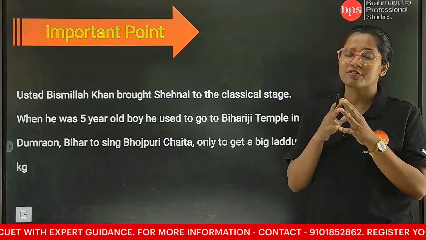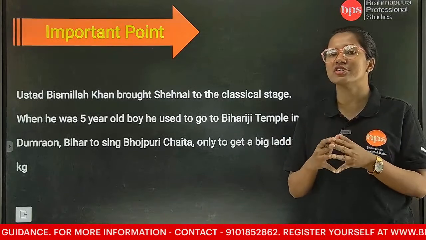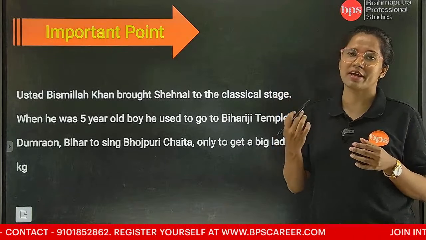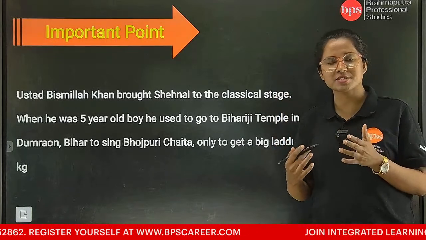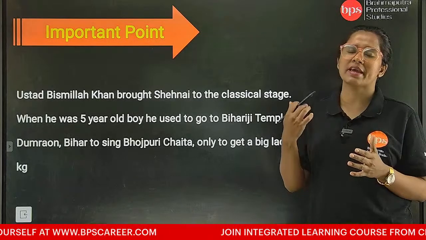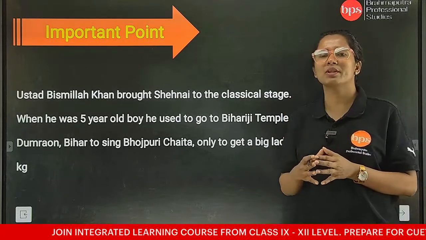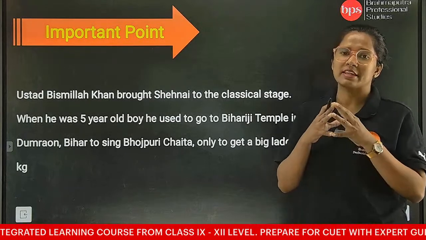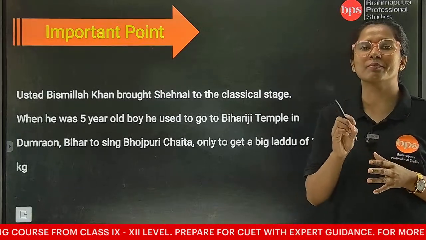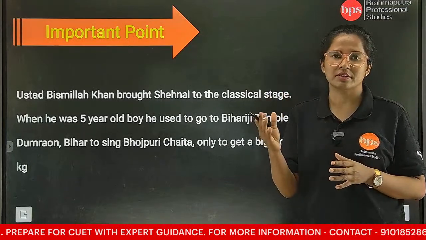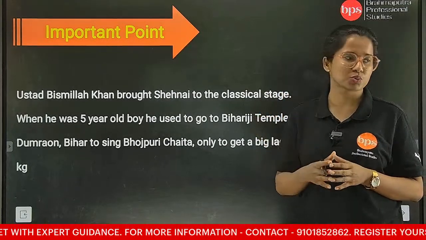From the age of 5, you can imagine how a child has just made up his mind that he will play shehnai, because his ancestors had played, and because he has the determination that one day or the other he will be world famous, and he will be remembered for posterity, remembered for generations to come.